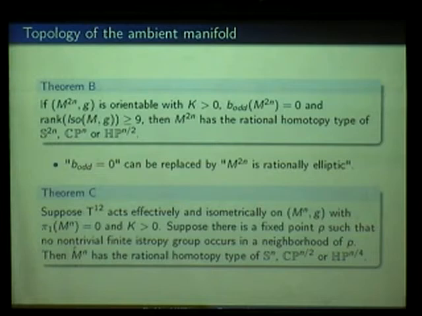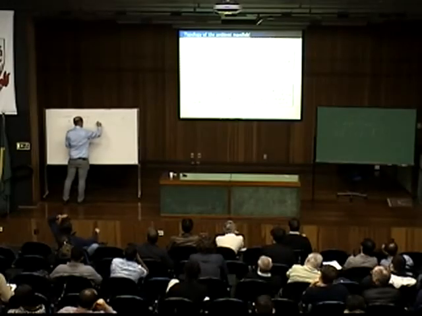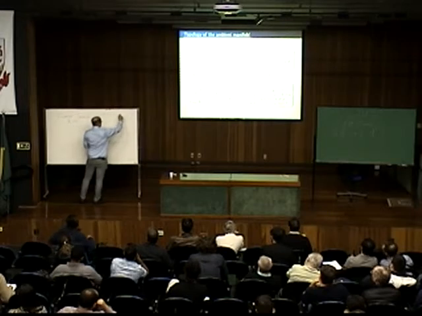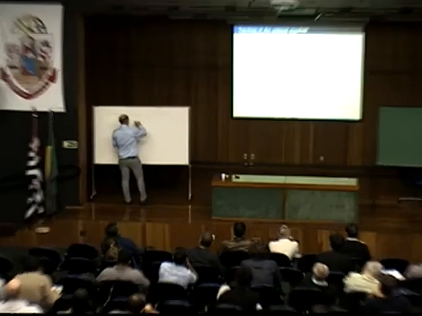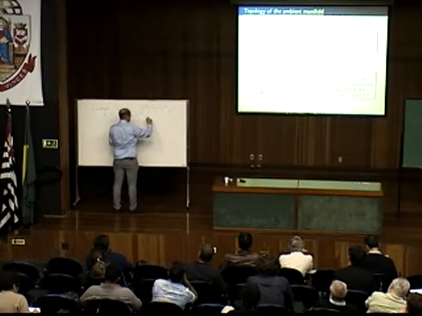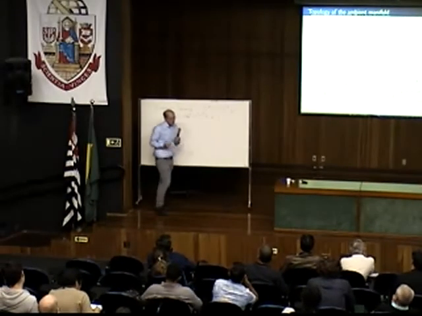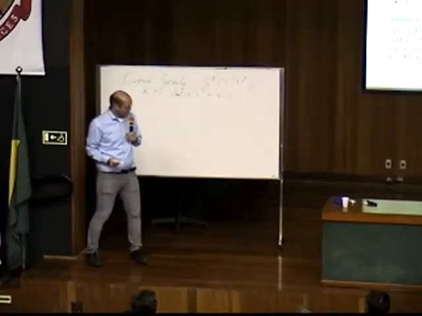So if you have an S1 action on a manifold, and the manifold has positive curvature, and the fixed point set has dimension n minus 2, which is the largest possible dimension it could have, right?